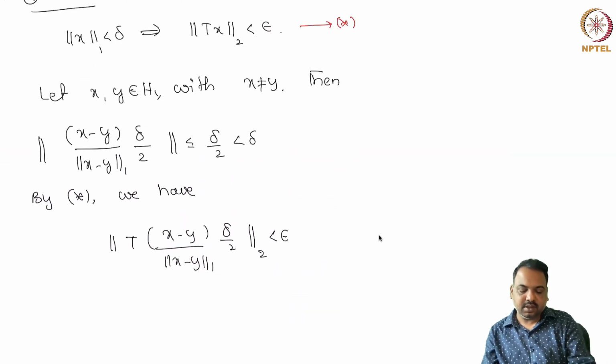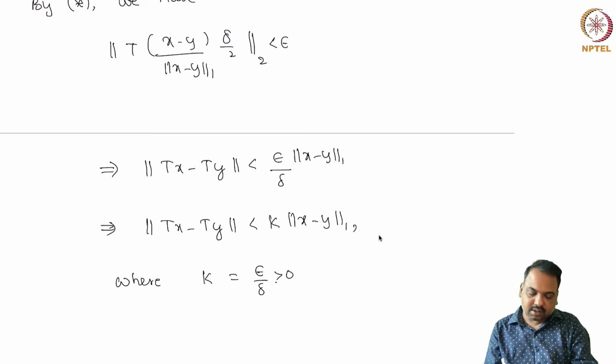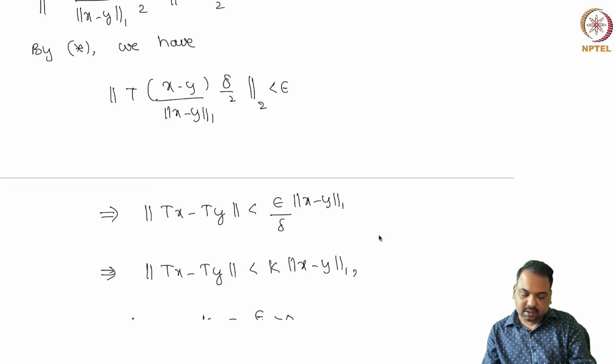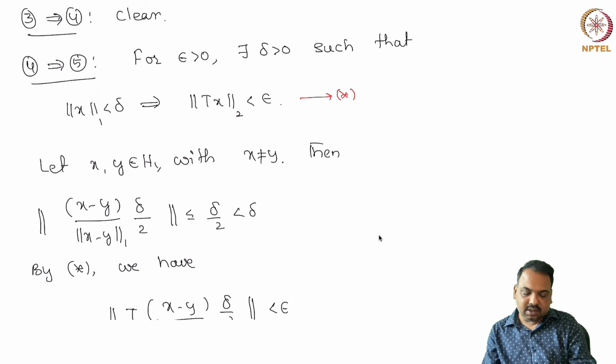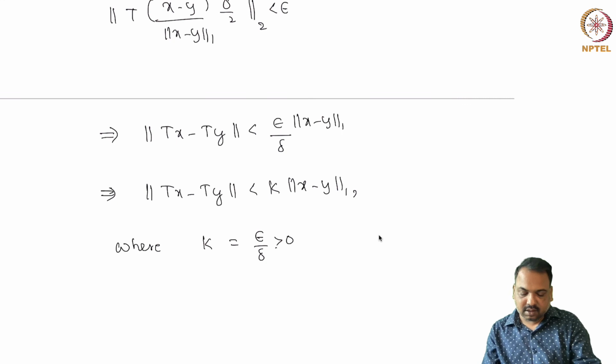Since epsilon is fixed and delta is also fixed, this is a positive quantity, and this K does not depend on x and y, because we assume that T is continuous at 0. Because of that, given any epsilon, we got this delta with this property, and whenever x and y are two distinct elements, we derive this inequality.